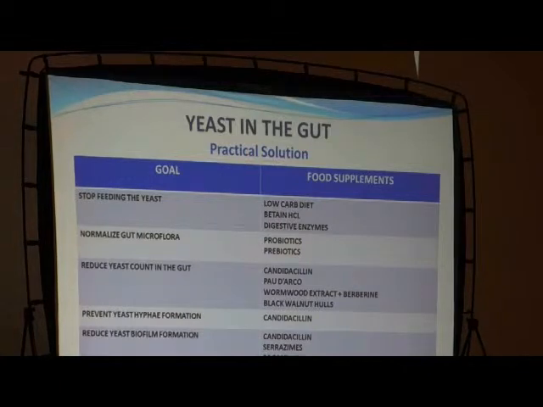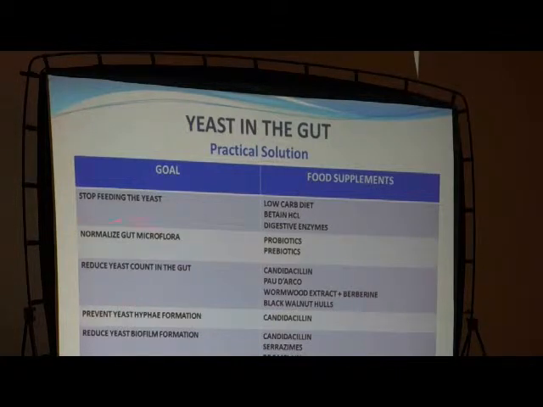Second, you need to digest all the food as completely as you can to prevent feeding the yeast. So that's why we recommend using a combination of betaine hydrochloride, which acidifies your gastric environment and stimulates pepsin production, and digestive enzymes, which can completely digest your food and leave the yeast very hungry, right?